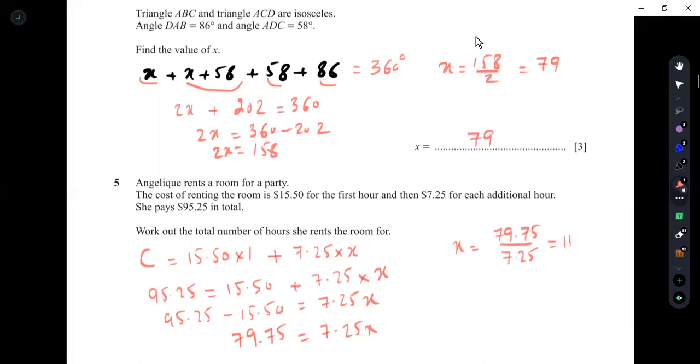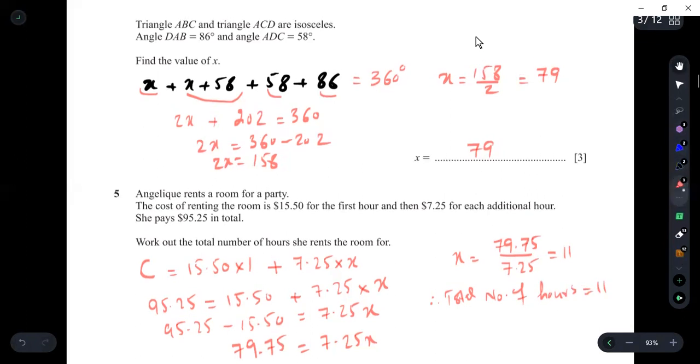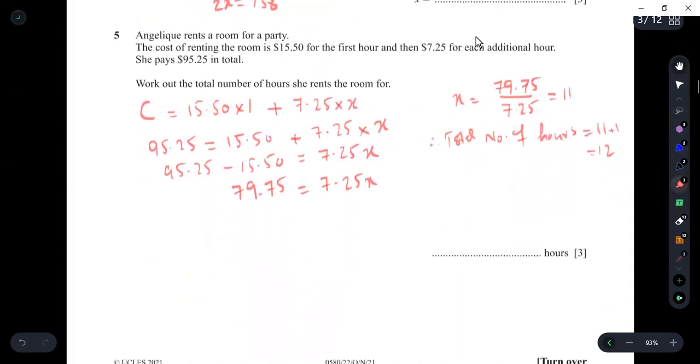So for 11 hours she paid 7.25, and for 1 hour she paid 15.50. Therefore, the total number of hours she rented the room is 11 plus 1, sorry, 12. So we can write here 12 hours.